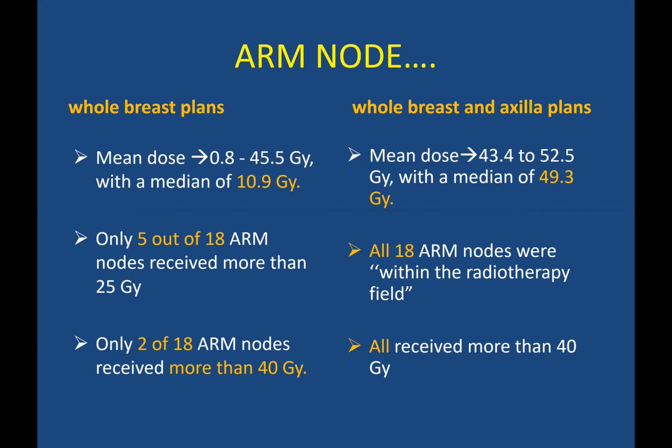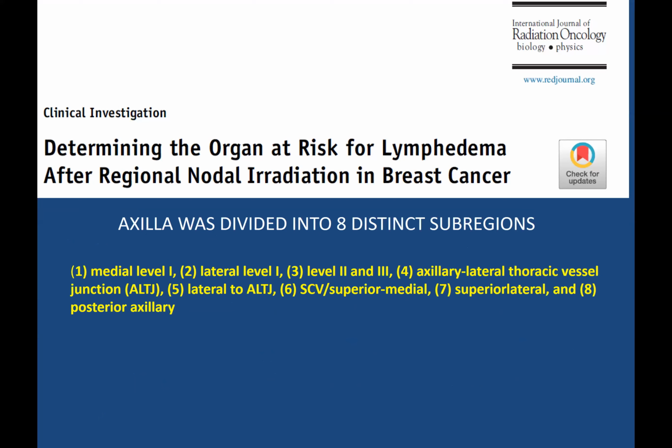Many of the trials have looked into the different plans, only whole breast plans, whole breast plus axillary plans, and what dose the ARM has got. If you try to keep the ARM away from the axillary fields or the tangential fields, you can reduce the toxicity to the axilla.